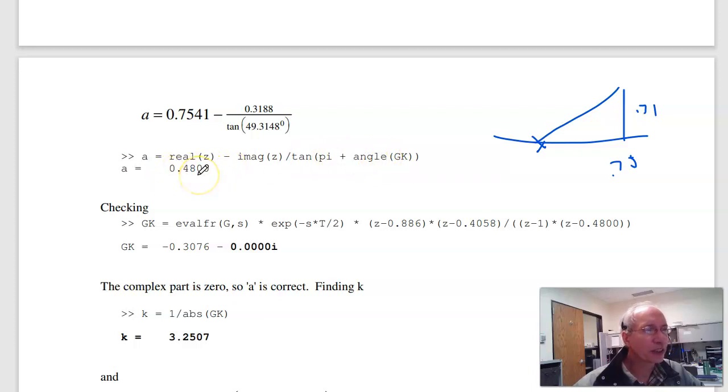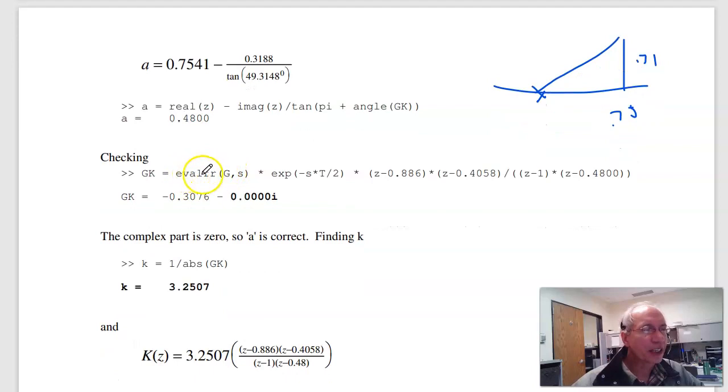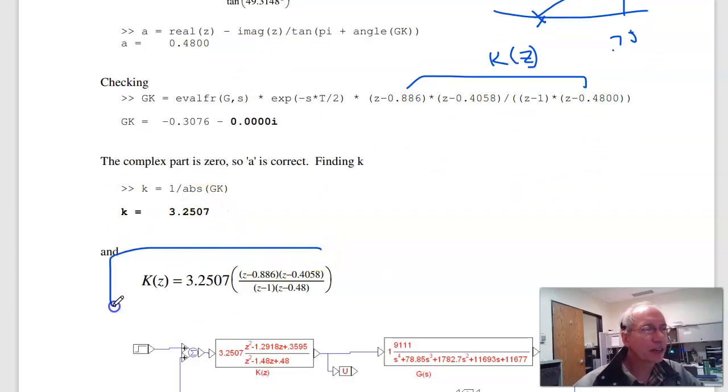So A is 0.48. As a check, evaluate g of s times half sample delay times k of z, all that right there is k of z, at your design point, and it's negative real. That's good. That says I picked this point right. Pick the pole right. Pick k to make the gain 1, and there's k of z.